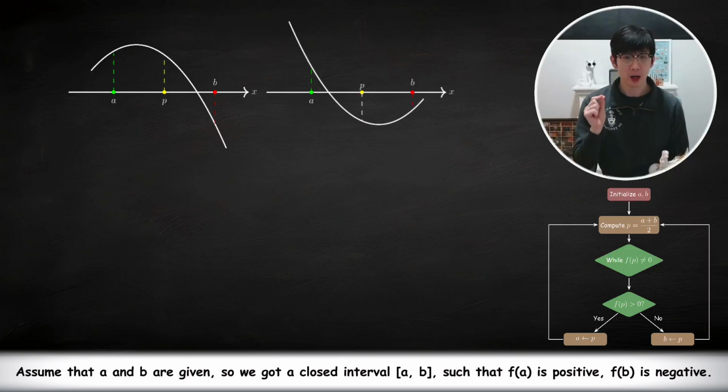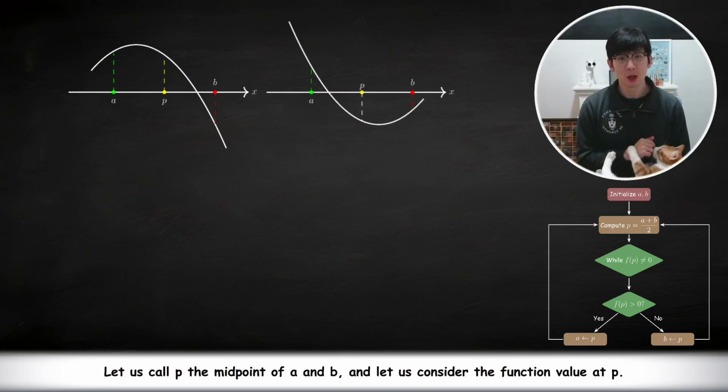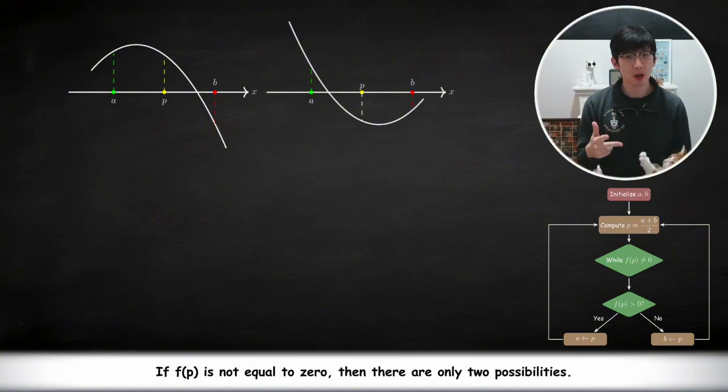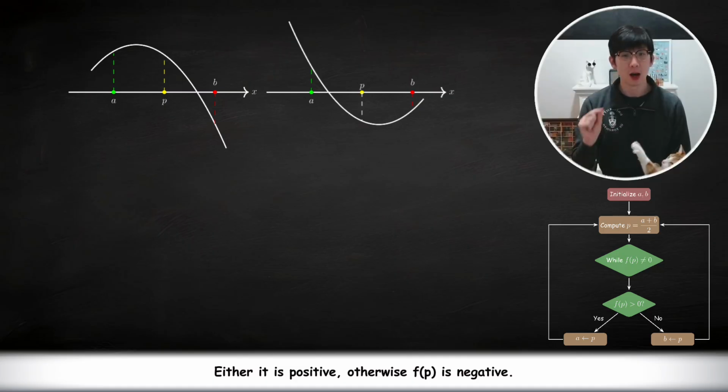Assume that a and b are given, so we got a closed interval [a, b], such that f(a) is positive, f(b) is negative. Let us call p the midpoint of a and b, and let us consider the function value at p. If f(p) is not equal to 0, then there are only two possibilities. Either it is positive, otherwise f(p) is negative.